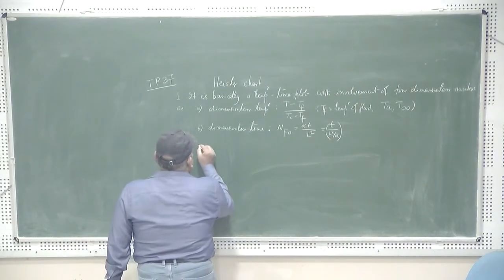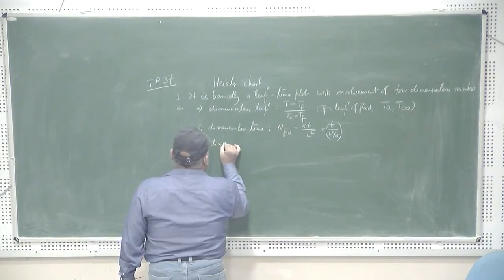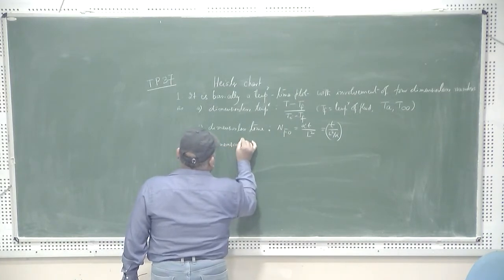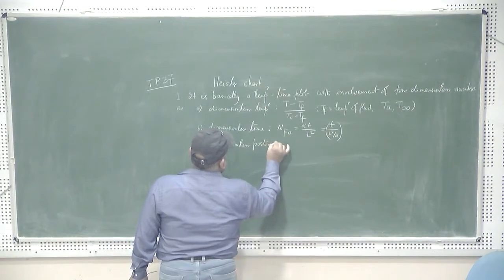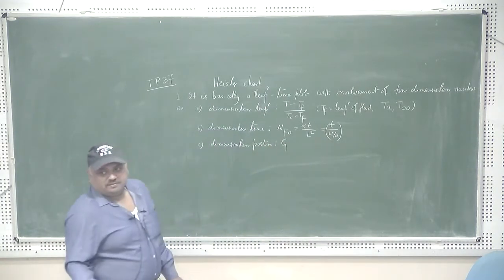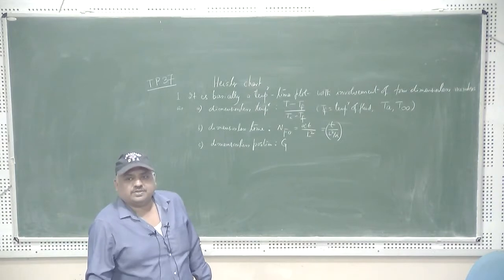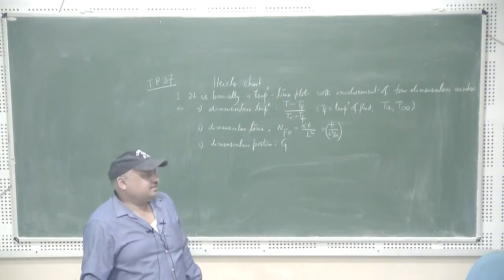The third quantity which is involved here in this Hesler chart is the dimensionless position. This is denoted by letter G. G is equal to 1 for infinite plate, G is equal to 2 for semi-infinite cylinder, and G is equal to 3 for spherical objects.